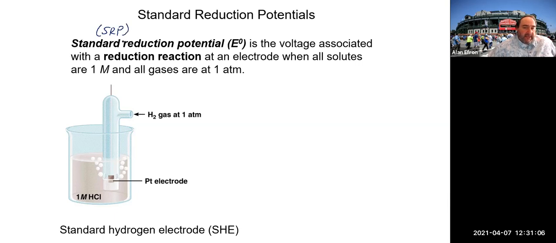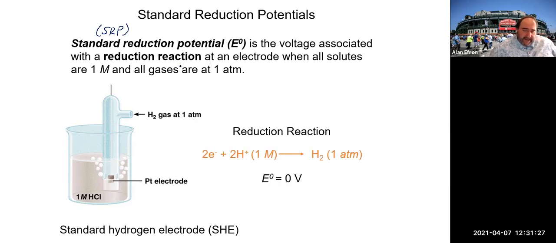So much like a lot of things in chemistry, you need to assign something as a standard to compare everybody else to. And in the case of these SRP values, they assigned hydrogen as the standard, and it has a cell voltage of 0 volts, an SRP value of 0.